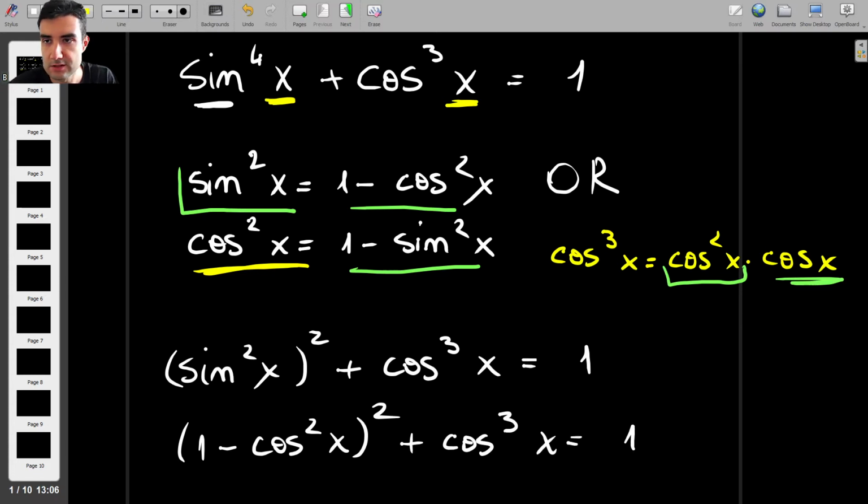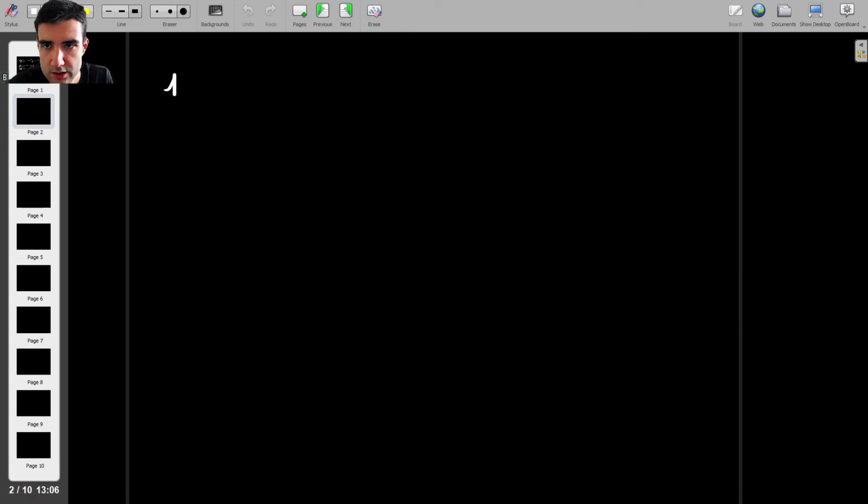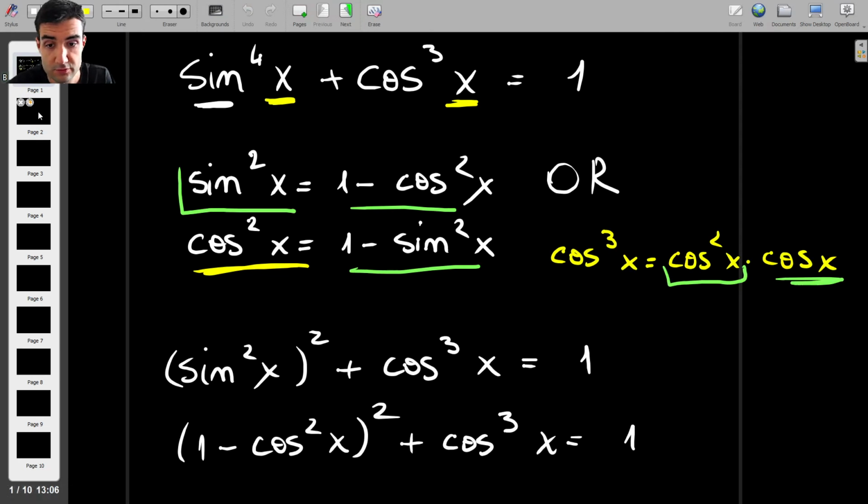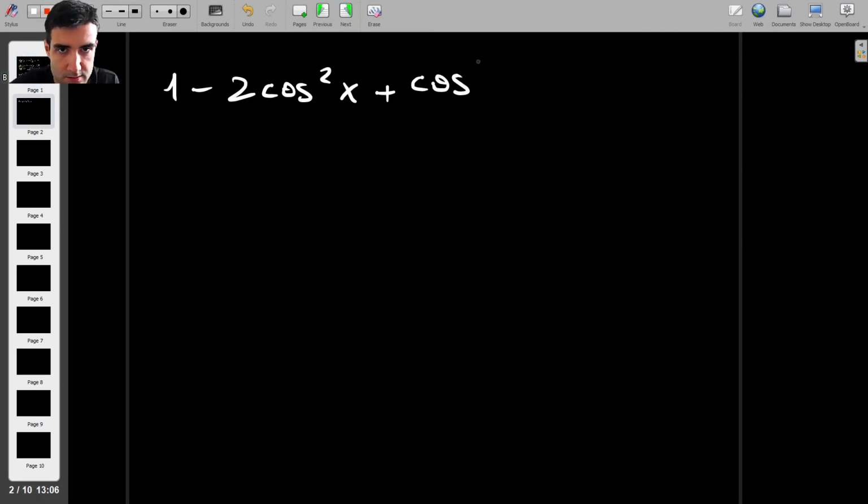Okay, so let's expand the first bracket, and if we do that, we're going to get 1 minus 2 cosine squared of x plus cosine to the power 4 of x, and then we're going to have plus cosine cubed of x equals 1. Okay, so it looks like we ended up with a quartic equation.